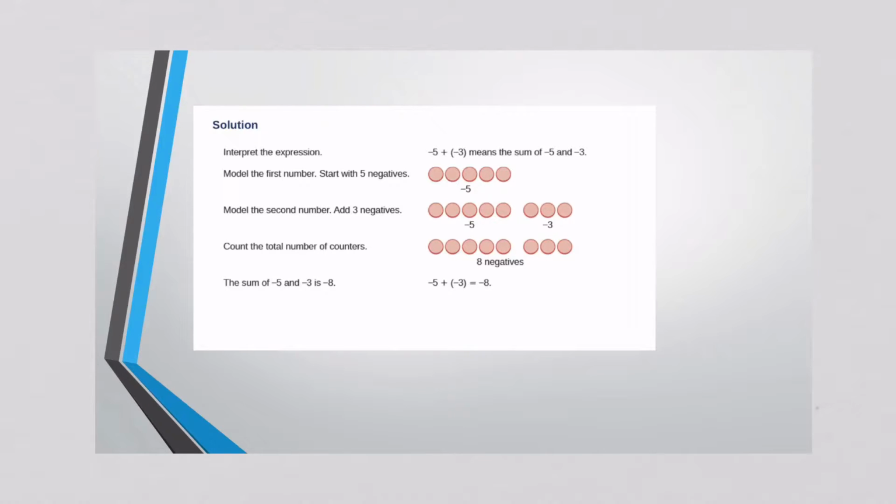Okay, hit pause if you need to. Okay, so for this problem right here, I've got -5 plus a positive 3. So I'm going to put 5 minus signs down, and then I'm going to put 3 plus signs down. Now, one thing that I really want you to remember here is that a plus and a minus cancel each other out.